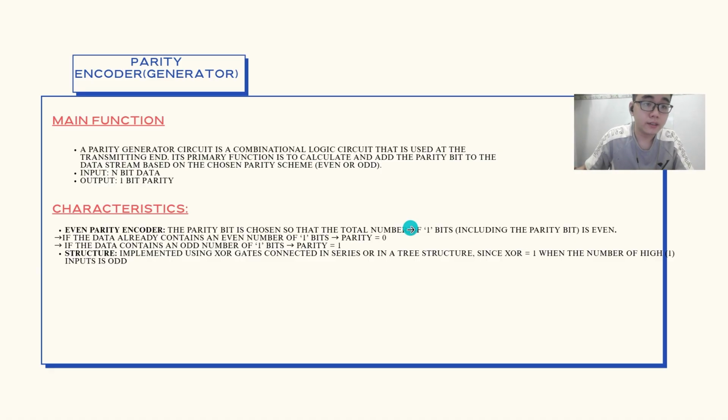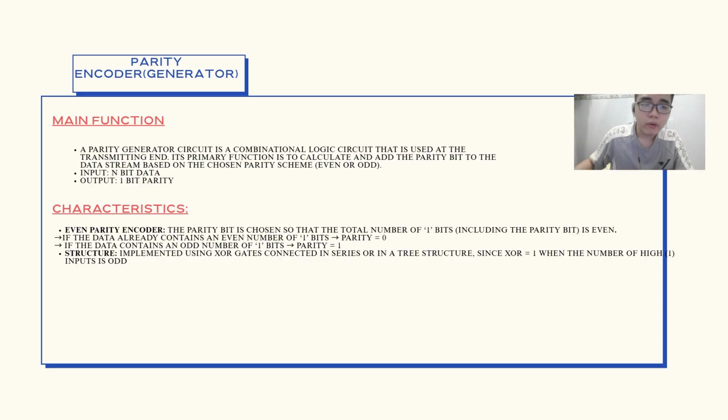A parity generator circuit is a combinational logic circuit that is used at the transmitting end. Its primary function is to calculate and add the parity bit to the data stream based on the chosen parity scheme, even or odd. The input is n-bit data, and the output is a 1-bit parity.